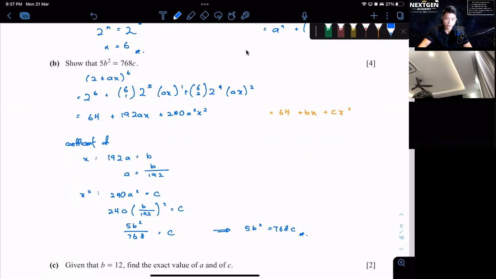It will be b squared over 192 squared. Is this simplified already? 240, okay, don't need to waste time, go and write the actual value and all. So it will straight away give you 5 over 768.